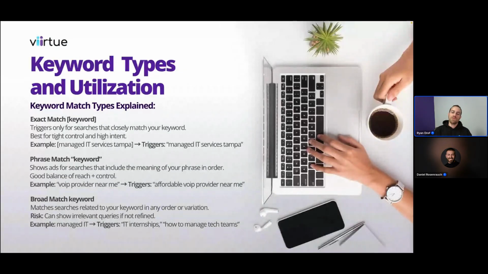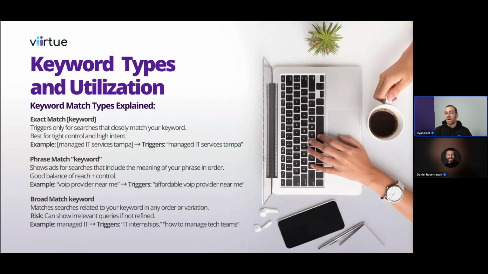So say we don't want to include the word affordable. That's fine. We can put a negative keyword as a phrase match called affordable. And we do that within quotes. So that excludes anything that is affordable VoIP near me. So we would just get VoIP provider near me instead of affordable.